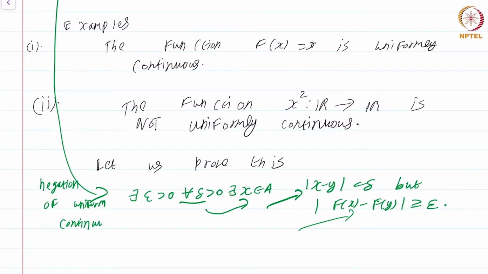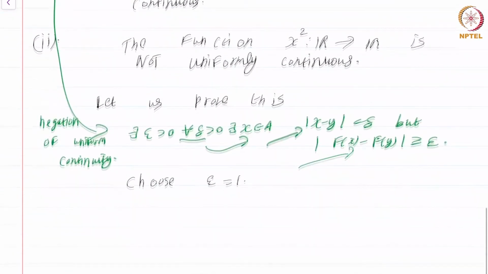Okay, how does this help us to show that x squared is not uniformly continuous? Well, choose epsilon equal to 1.